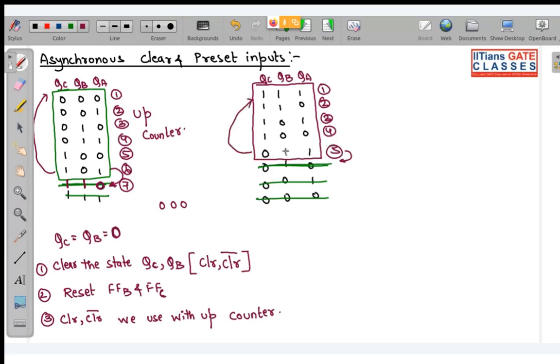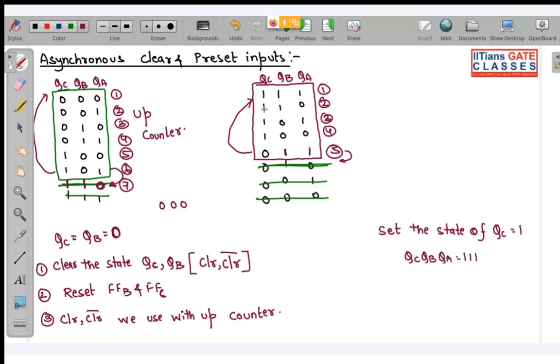So you can see basically QB and QA are already one. If I set the state of QC equal to 1, or what I do, basically I set QC flip-flop, then I will be able to go to QC, QB, QA equal to 1, 1, 1.